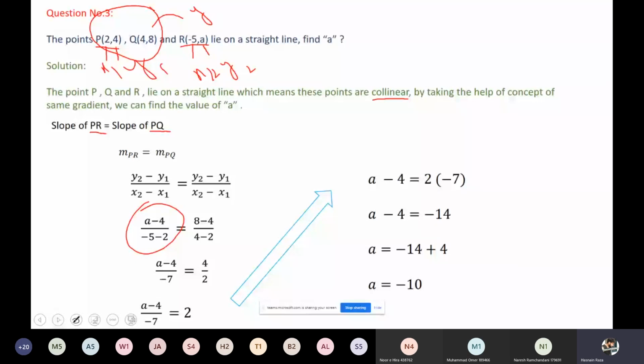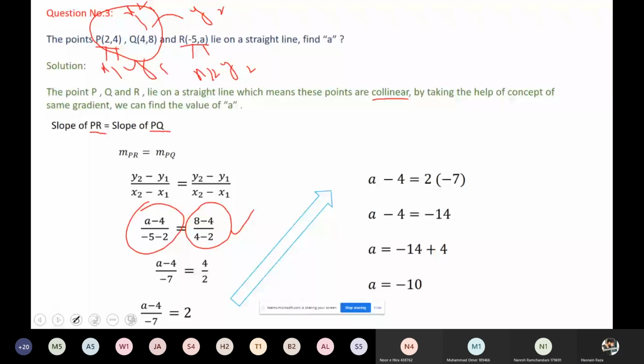So y2 minus y1 on the right hand side is 8 minus 4, and x2 minus x1 would be 4 minus 2. Okay, we have put in the values. Now a minus 4 we cannot solve because there is a variable. In the denominator, minus 5 minus 2, so we got minus 7.